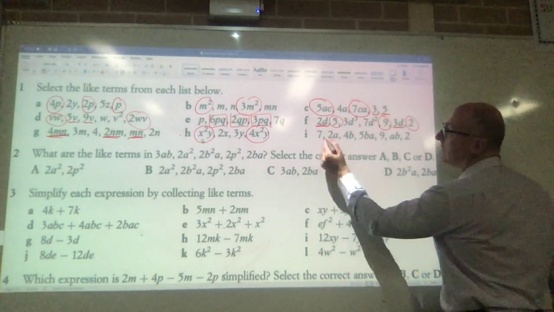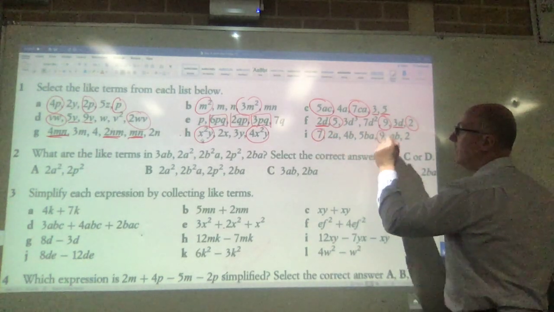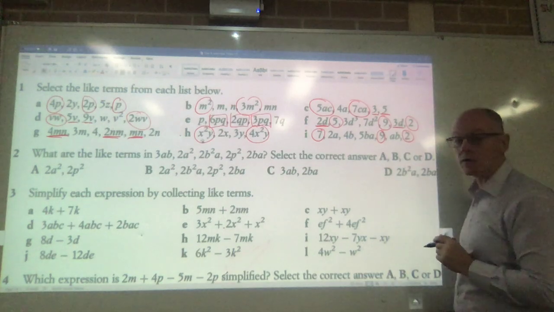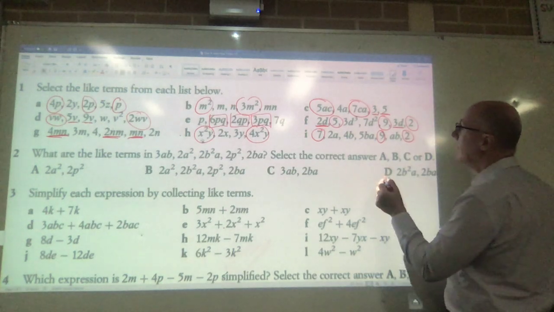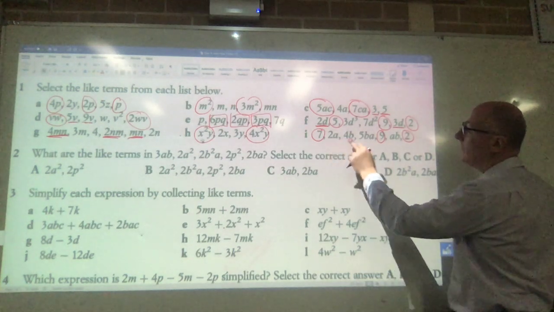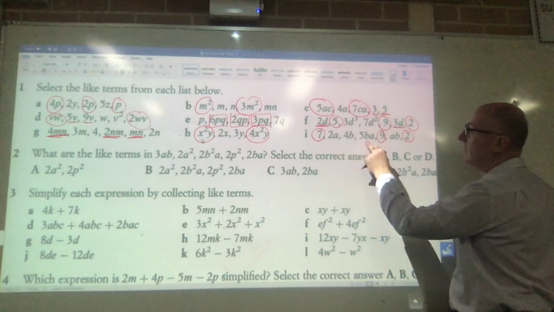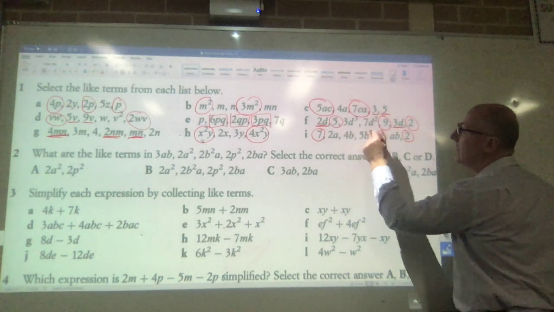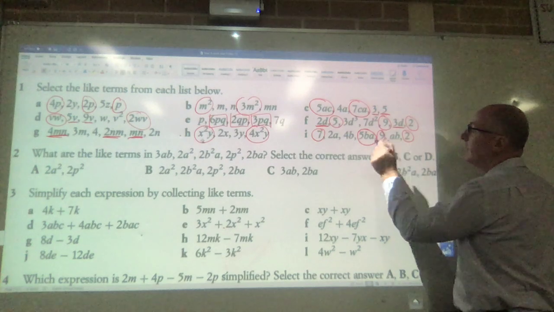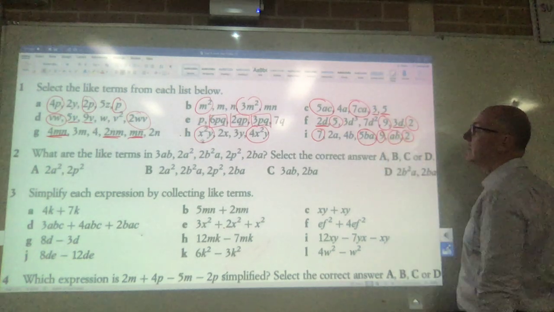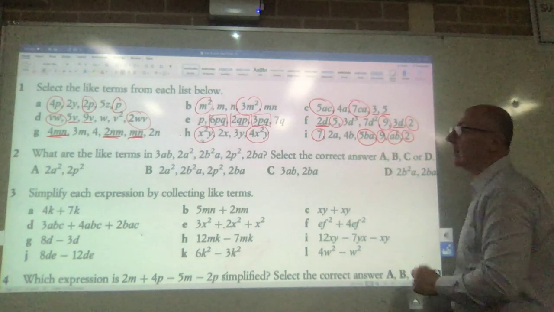I know that 7, 9, and 2 are like terms. And 2a doesn't go with anything, 4b doesn't go with any, 5ba matches with 1ab. They're the same as each other, they're like terms.